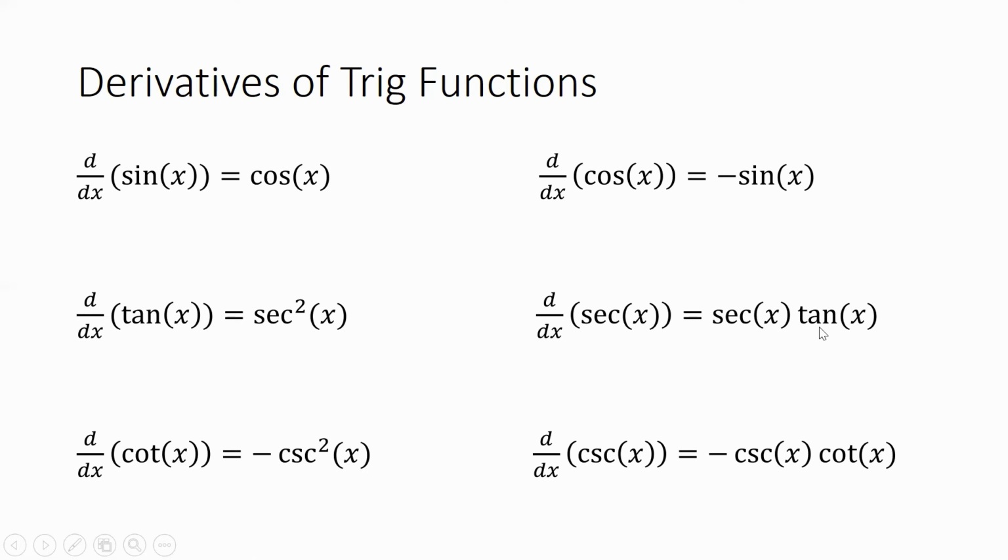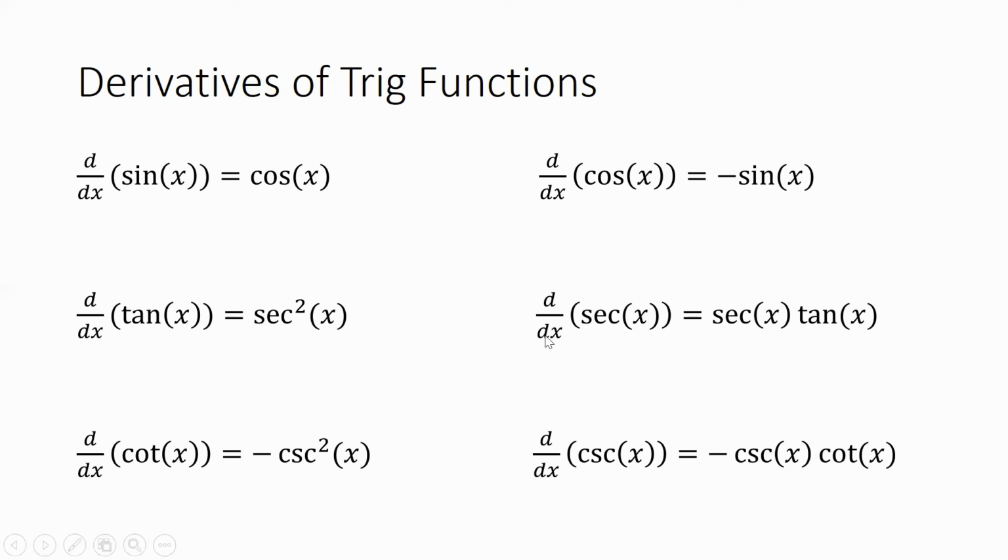If I take the derivative of cotangent, I get negative cosecant squared. And if I take the derivative of cosecant, I get negative cosecant times cotangent. Those are the derivatives of the 6 basic trig functions.